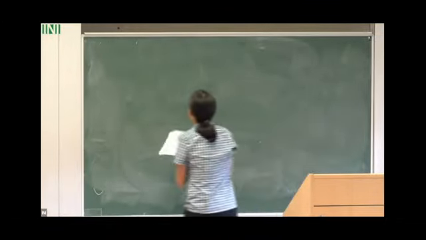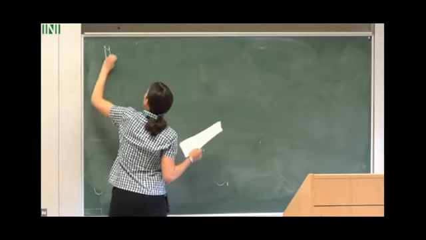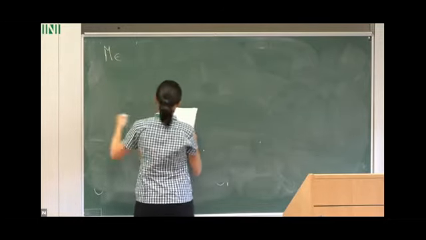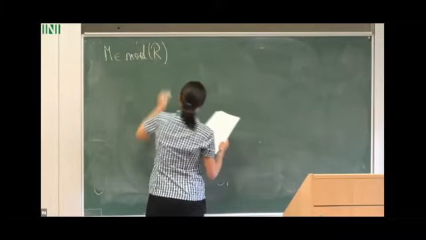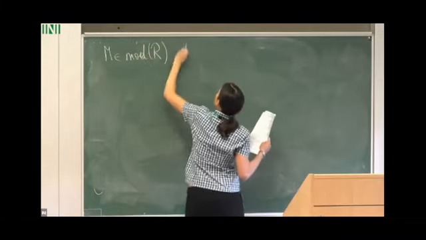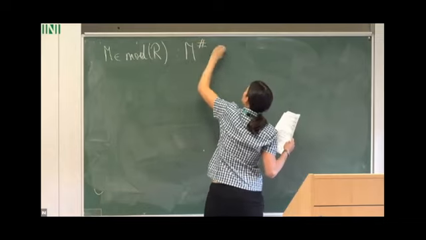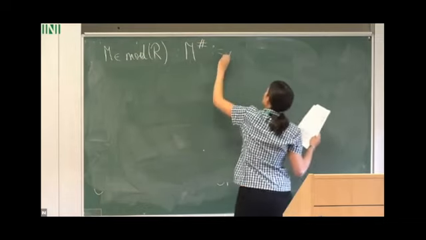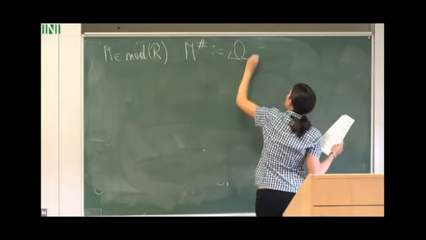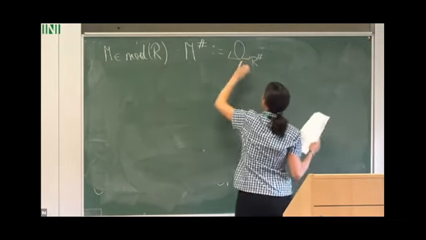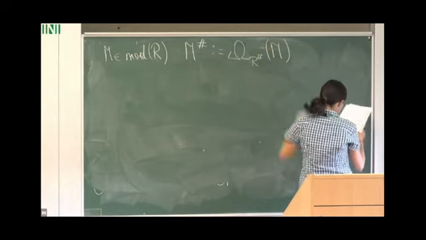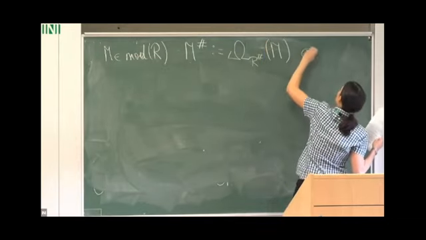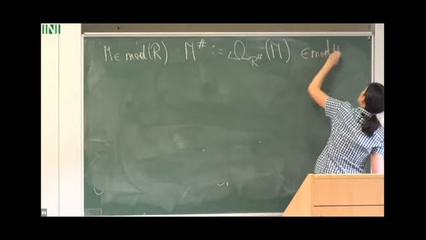So if you have M, well, we can define this for any module in mod R, then we define M sharp. We just take the syzygy of M. So M is an R sharp module, but then we take the syzygy over R sharp of M. And this is, of course, in mod R sharp.